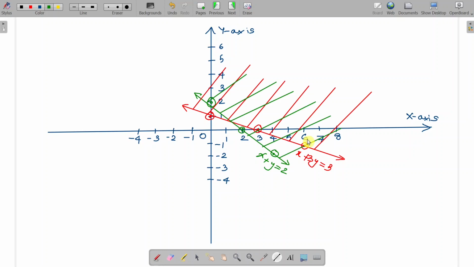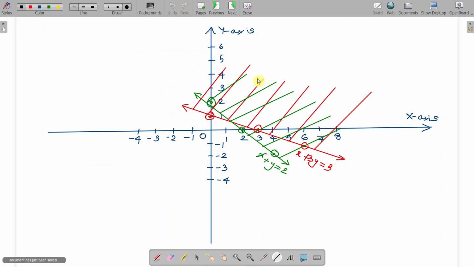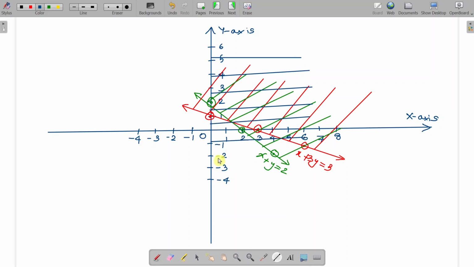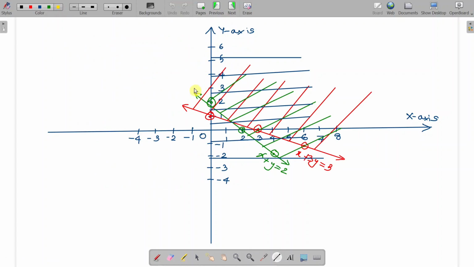Now if you look at the inequalities, x greater than or equal to 0 means on the right hand side of the y axis, so we will mark it here. And y greater than or equal to 0 means the region above the x axis, that is this.